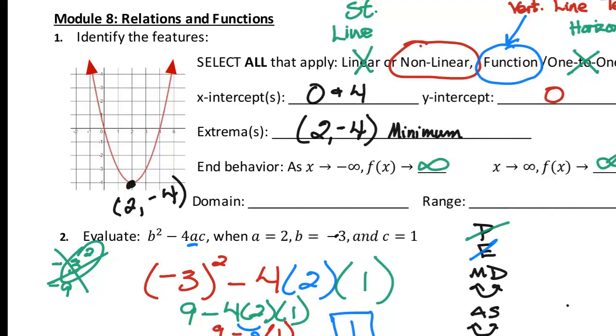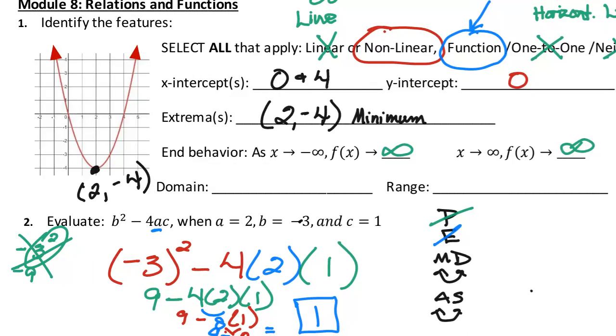Ask yourself, what's your smallest x value? Do you have one? Cristobal, do I have a smallest x value in this graph? Can't hear you. Speak up. Be loud.